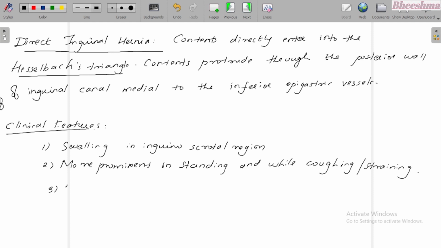Third one is progressive increase in size of swelling.